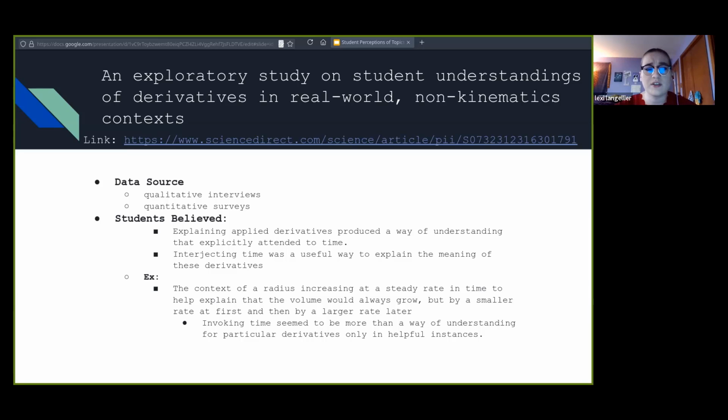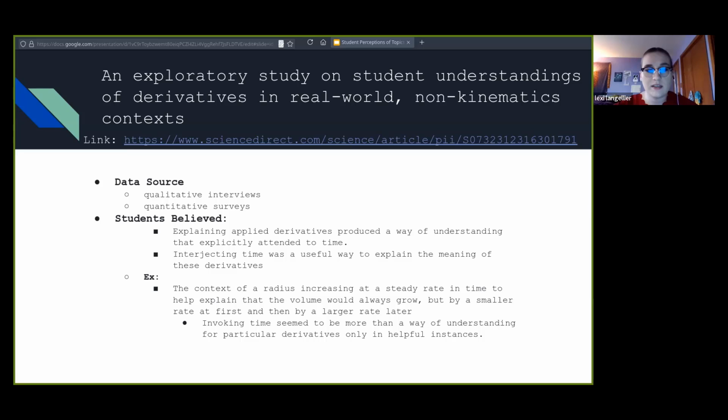From this research, they noticed that students were able to switch between mental models of a derivative to match a problem, even in examples where it wasn't always the appropriate model. Like introducing time. There was an example where students were looking at radius. They looked at it as if the radius was increasing at a steady rate in time to help explain that the volume would always grow, but by a smaller rate at first and then by a larger rate later.